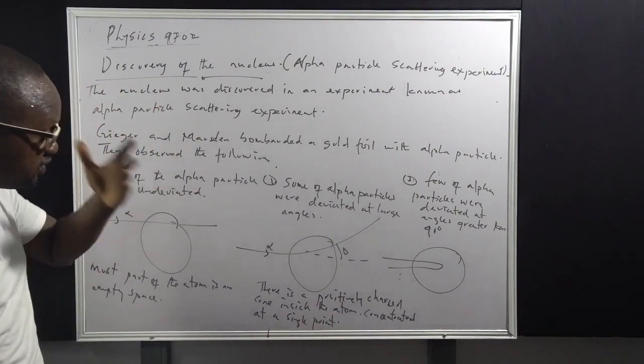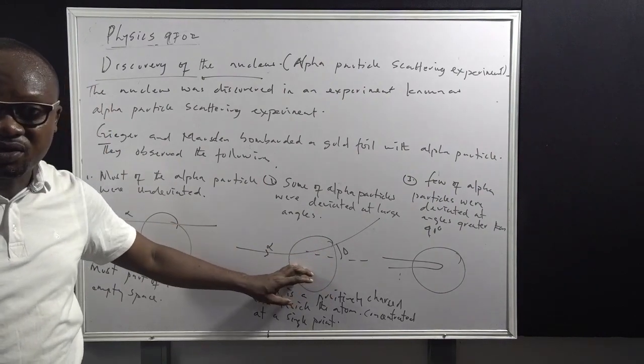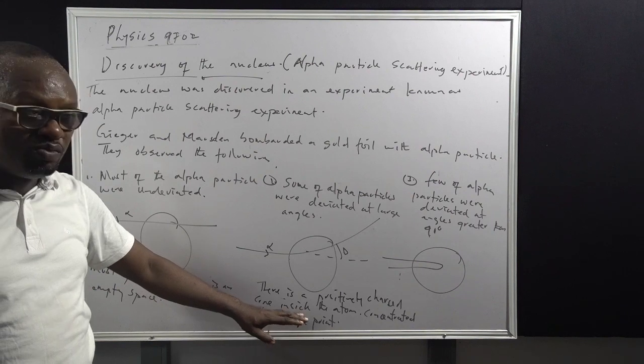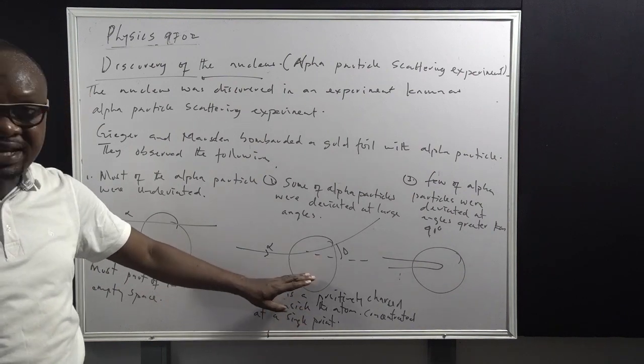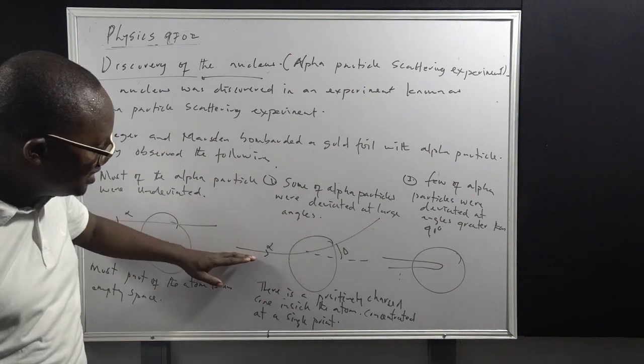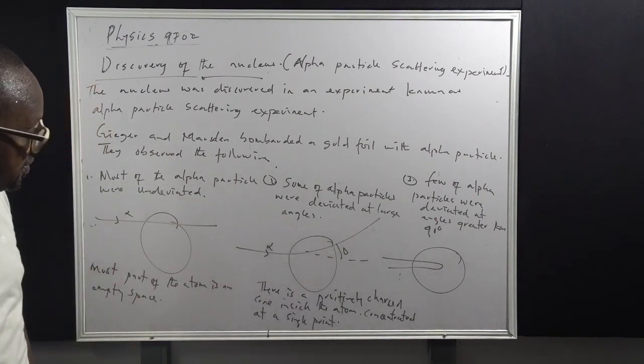So you don't have several positively charged cores inside the atom. Otherwise, you will have seen sporadic deviation. But you have only one positively charged core inside the atom. That's why you just have the alpha particles deviated at large angles.